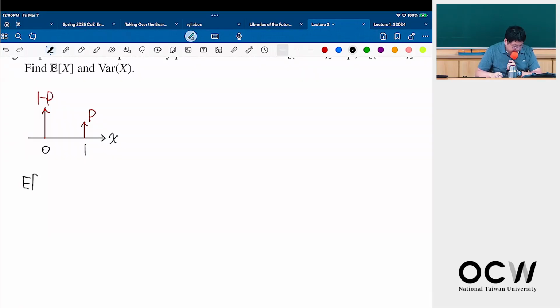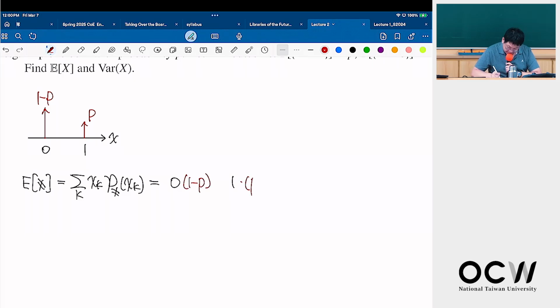For the expectation, consider all possible outcomes times their corresponding weightings. We have either 0 or 1, with weightings 1 minus P and P. Adding all this together, you get P. To find the variance, I need the second moment, so I need the expectation of x squared.